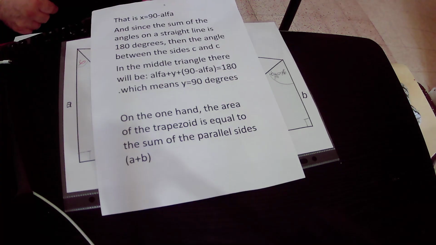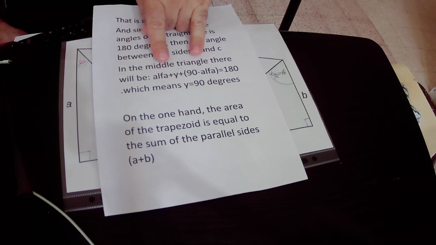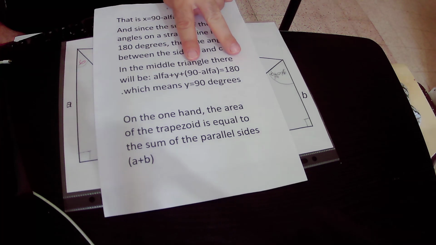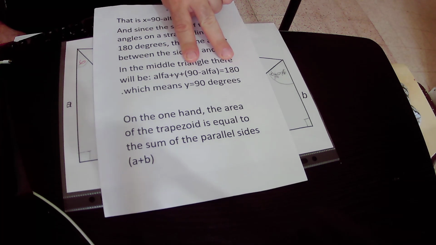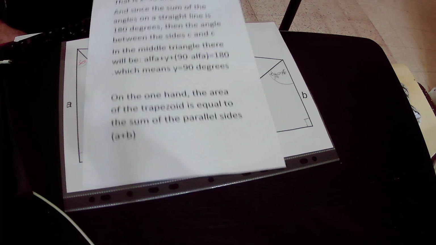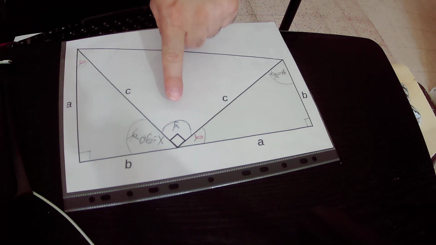So alpha minus alpha is 0, and if we subtract 90 degrees from both sides of the equation, then we get that y equals 90 degrees. Okay? So y is a right angle.